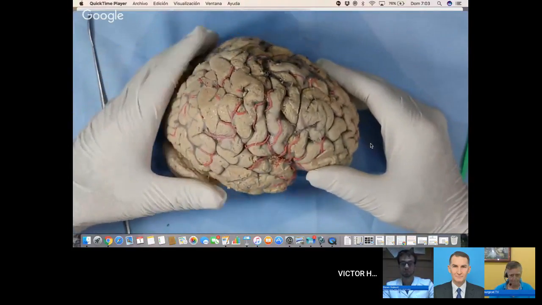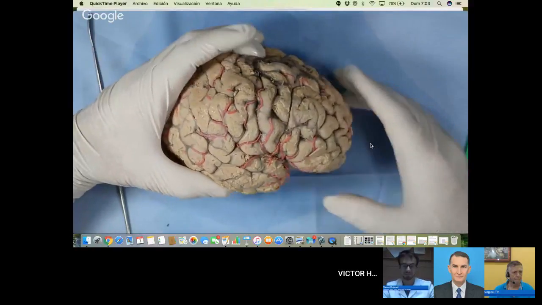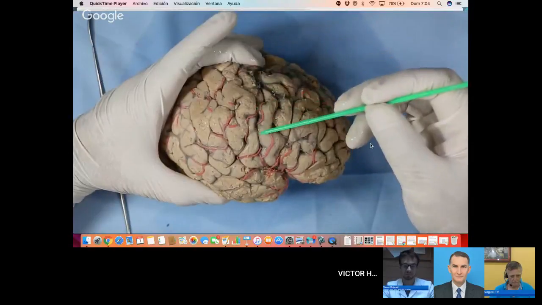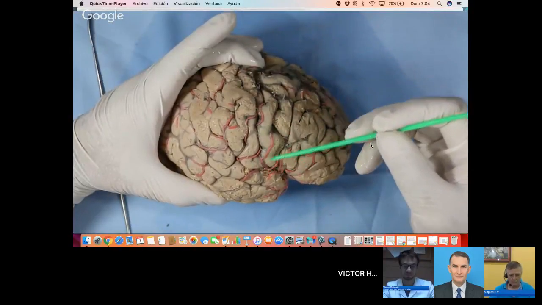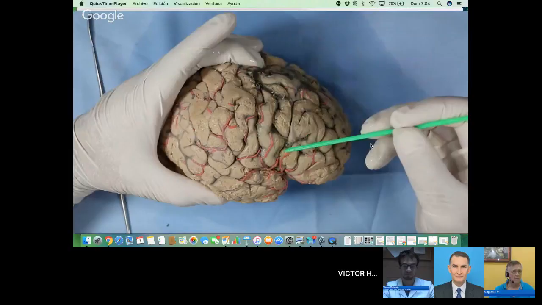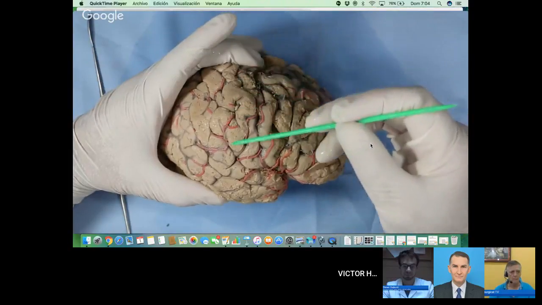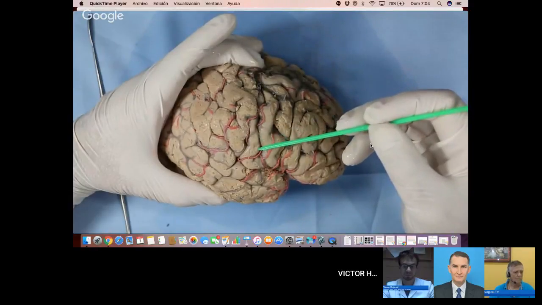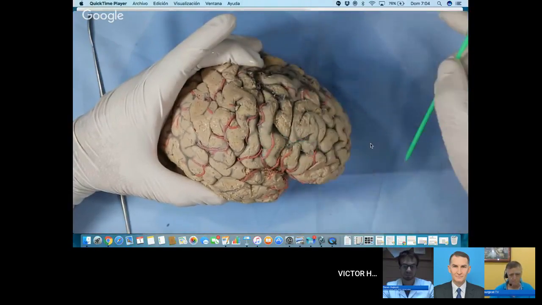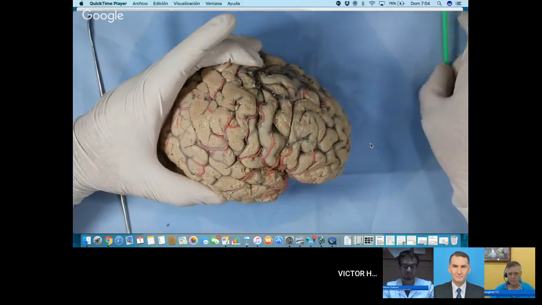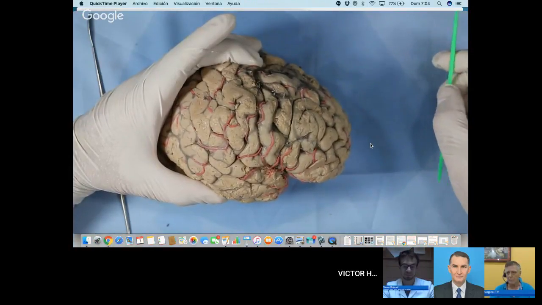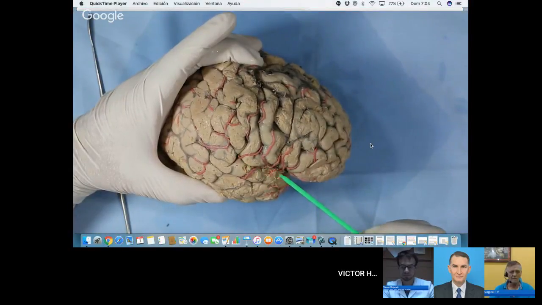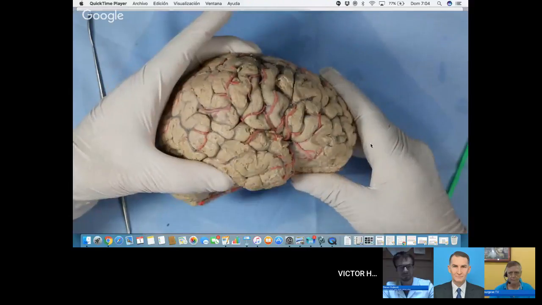This is a lateral aspect of the right hemisphere. This is the central sulcus, the precentral sulcus, motor area, and sensitive area. This central sulcus is also known as the fissure of Rolando. And the lateral fissure is also known as the fissure of Sylvius.